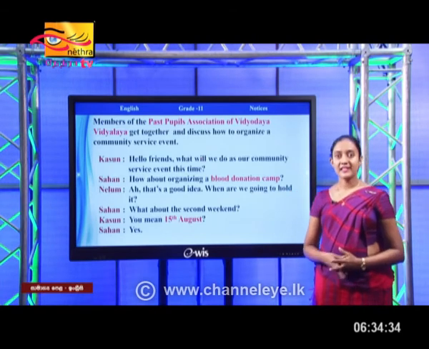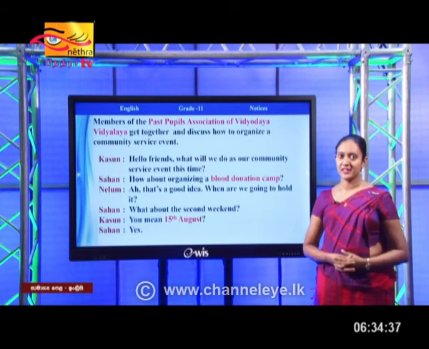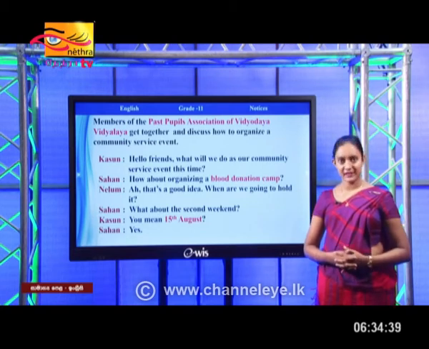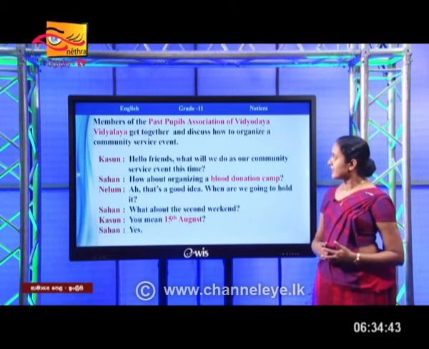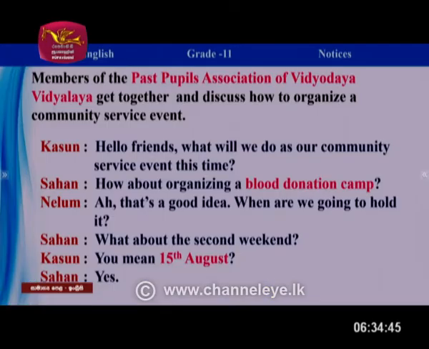Then, based on their conversation, now we are going to write a notice about the blood donation camp. Look at the screen. I have highlighted some important points here. Look at the first phrase which I have highlighted. Past Pupils Association of Vidyodaya Vidyalaya. It indicates who is organizing this event.